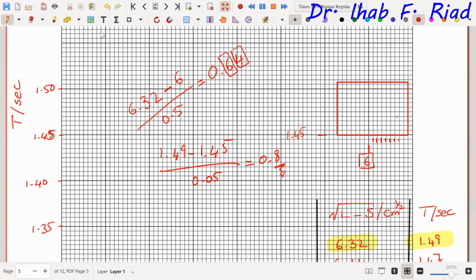Yes. Okay, then we start counting. This is 1, 2, 3, 4, 5, 6, 7, 8. And this is the point we are looking for.